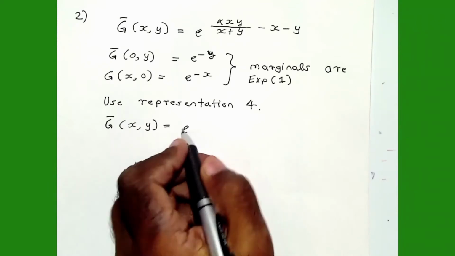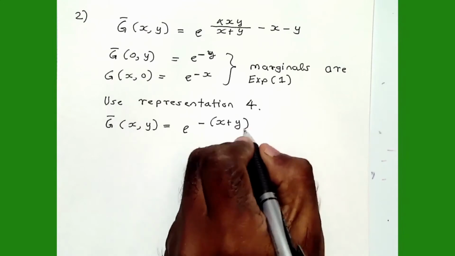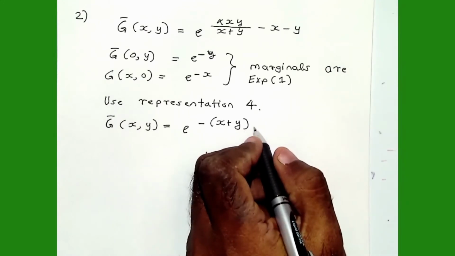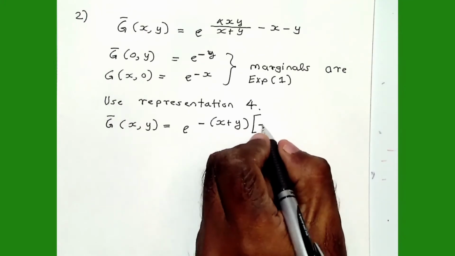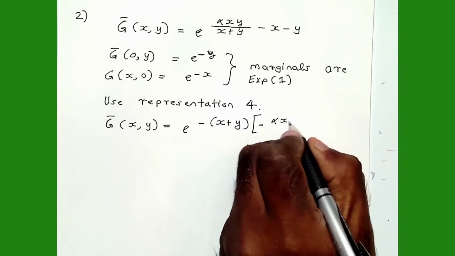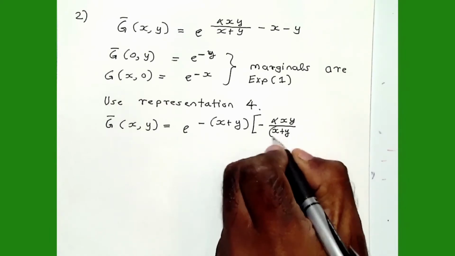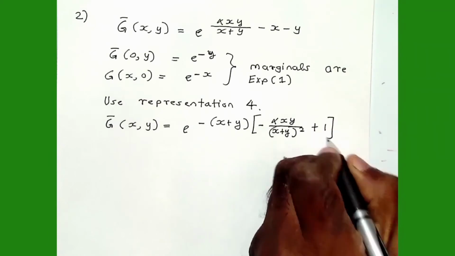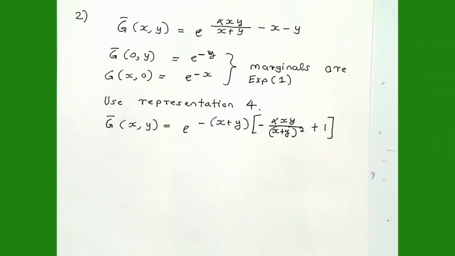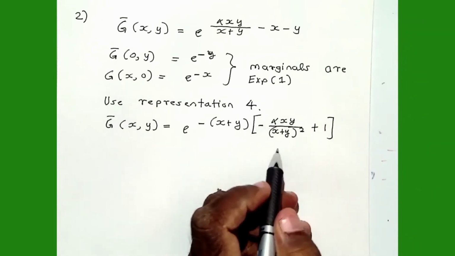I'm going to write this by pulling out this, okay, and if you pull this out, you get minus of alpha xy divided by x plus y squared, then plus 1. Right. Okay, so this guy here inside the square brackets is your A function.